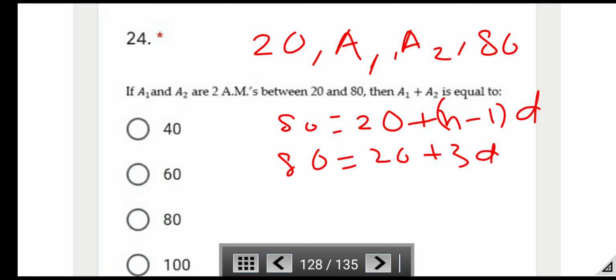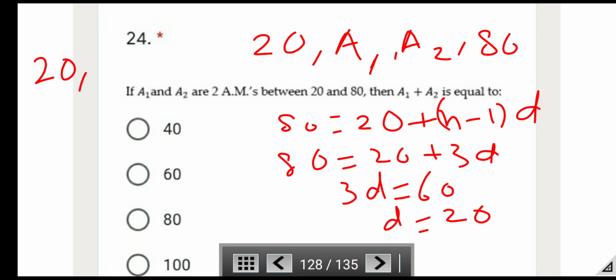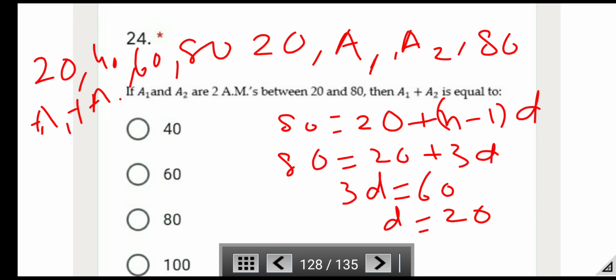Solve this. We get 3D is equal to 60, that is D is equal to 20. So the sequence becomes 20 and common difference is equal to 20. So A1 is 40, next term is 60, next term is 80. So A1 plus A2 is equal to 40 plus 60, that is 100.